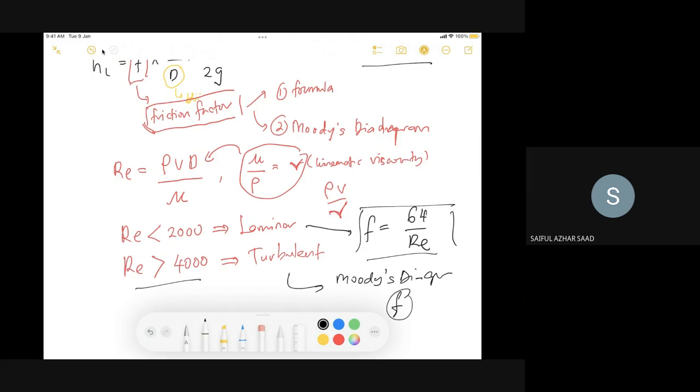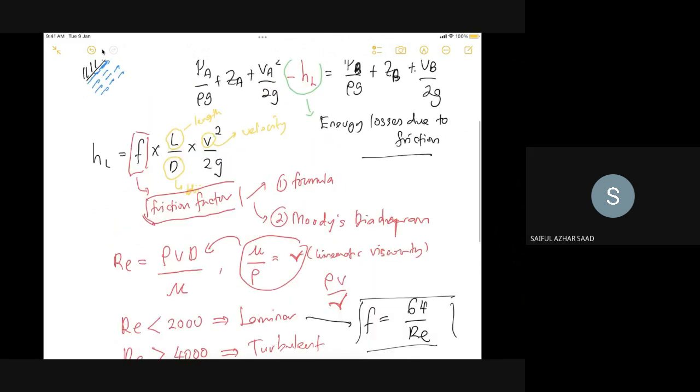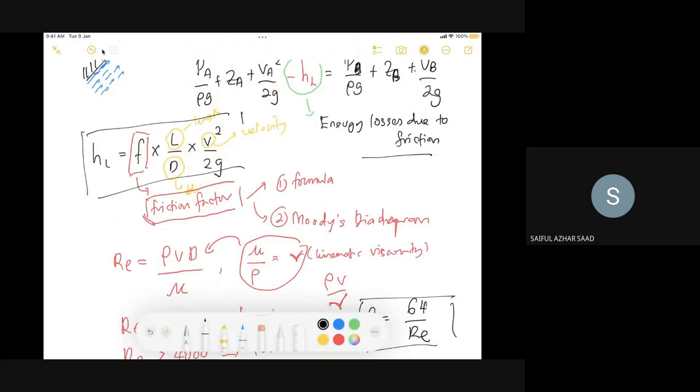Even though the question doesn't mention it, you have to identify whether it is laminar or turbulent flow, and really understand the concept. For example, say you want to calculate HL, the energy loss due to friction. The student just memorizes this formula: HL equals F multiplied by L over D multiplied by V squared over 2G. Then you say, I need to find F, and I remember F is equal to 64 over the Reynolds number.